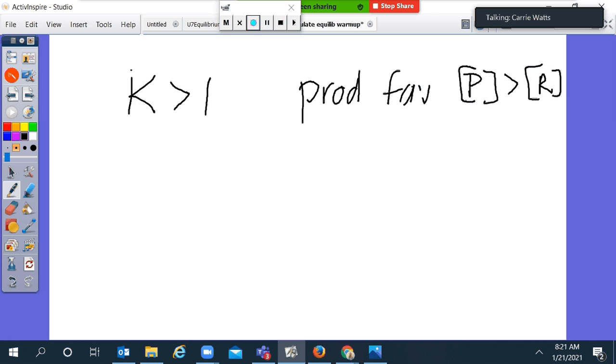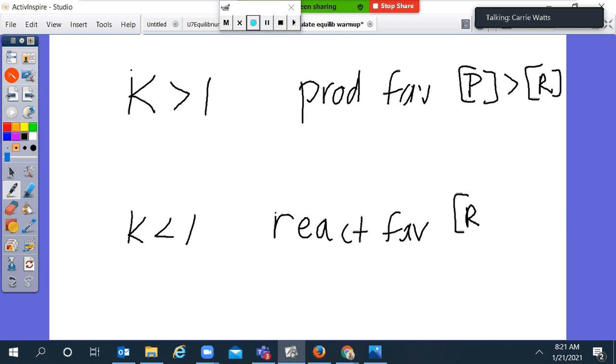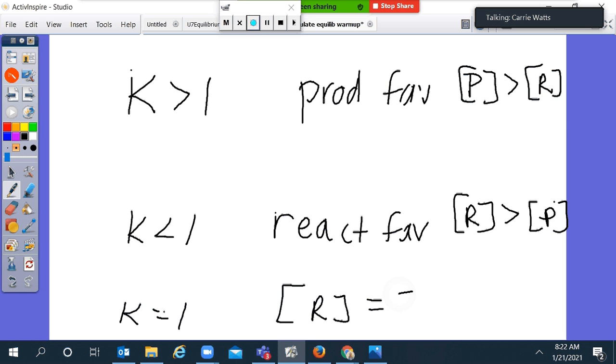If K is less than 1, it's reactant favored, and you can look at the formula to understand why, which means the reactant concentrations are greater than the products. If K equals 1, basically the concentration of the reactants equals the concentration of the products.